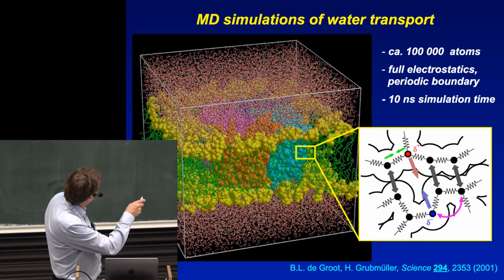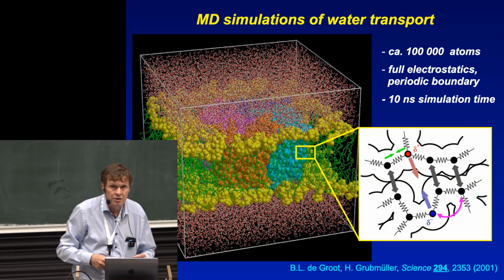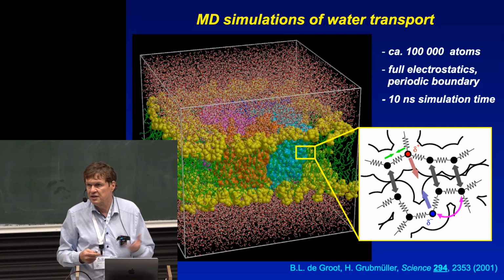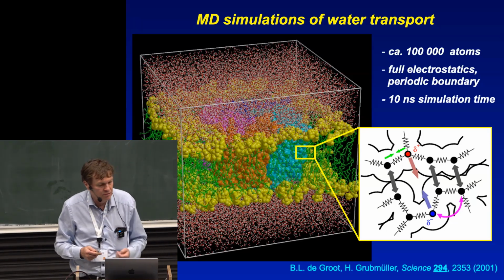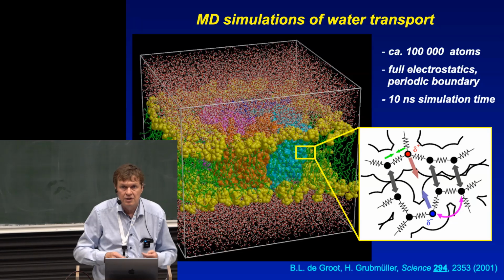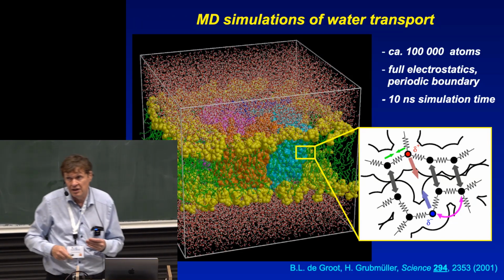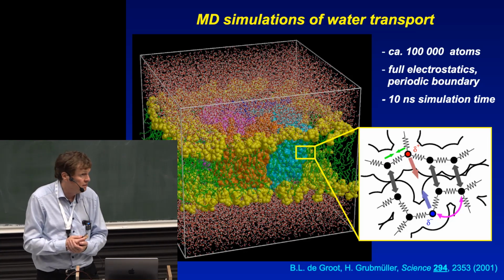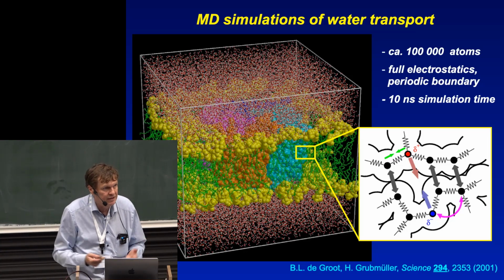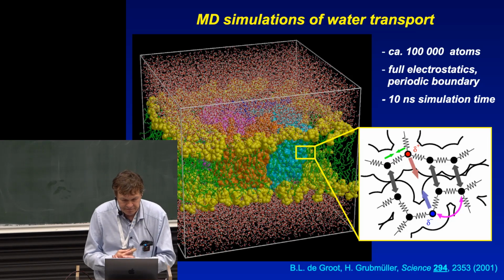So this sprinkle here, which you can see here in reddish, whitish, that is water. If you want to study water conduction, you better also include some water in your simulation system, right? So typical size of such a simulation system is a couple 100,000, today up to several 10 million atoms, which I guess longs for a large computer.